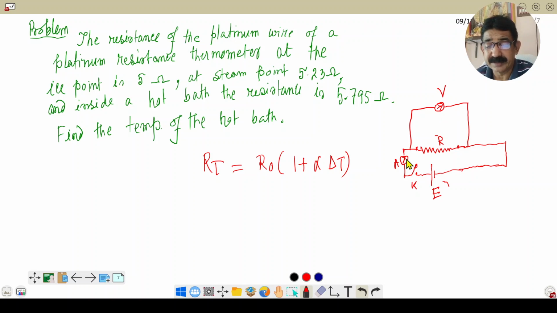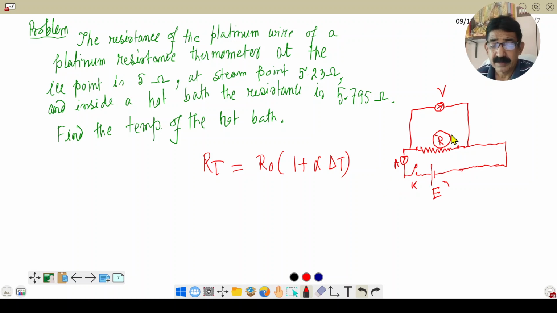This circuit will give the resistance of this platinum wire. We can measure the resistance of this particular wire at a particular temperature.